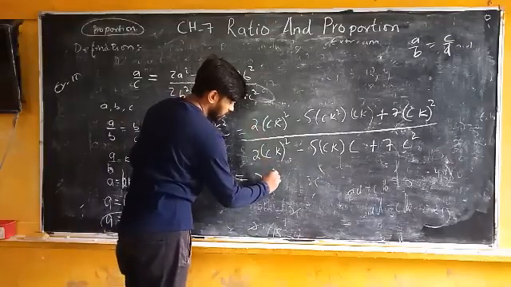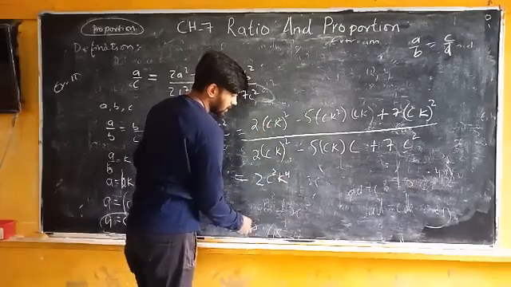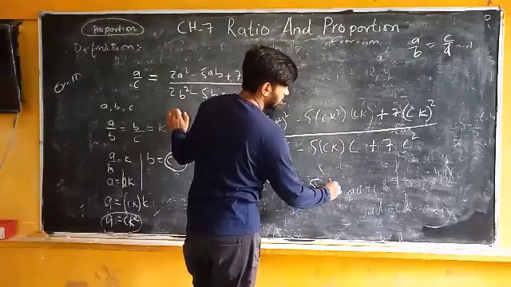2C square K whole. इधर C था, इधर K2 था, दोनों के पास 2 गया, इतना बचा. माइनस 5C square K3.